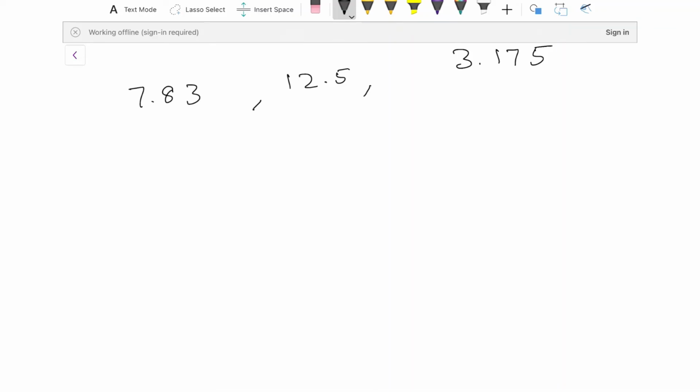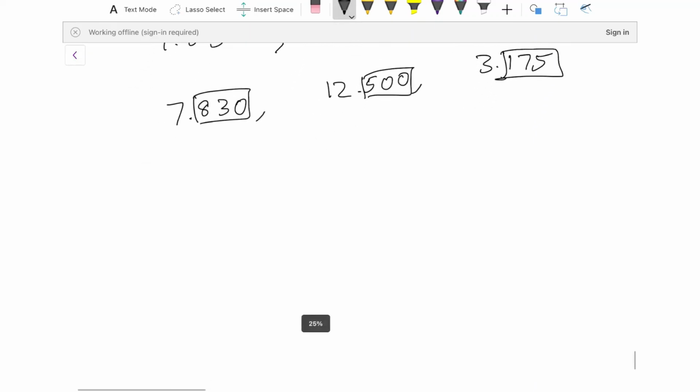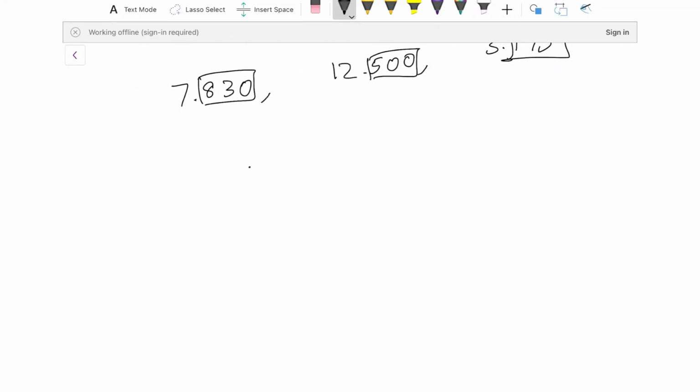Remember, we are looking at addition of these decimals. So first thing is to change it into like decimals. So let's do 7.830, 12.500, 3.175. Now you have 3 decimal places for each of these decimals, and they are like decimals. And now you have to arrange these decimals one below the other. So we write it as 7.830. That's your first one.